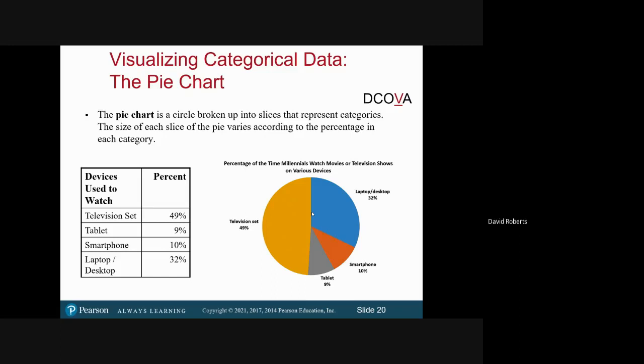Laptops and desktops are the second largest group. And the tablets and the smartphones, you can tell, are pretty close to each other, which they are. But when you're presenting, especially for those of you in accounting, you would present a lot of information in the form of pie charts.